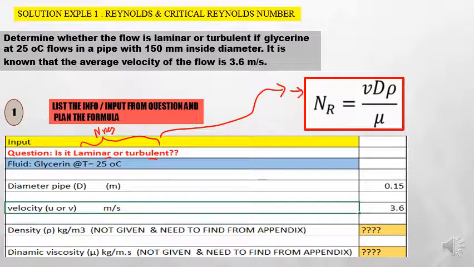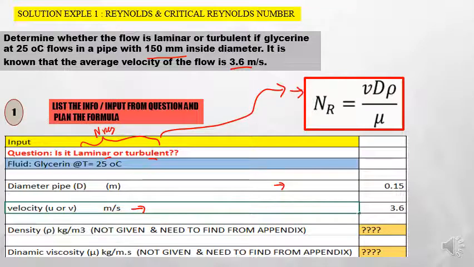So what is the information provided from the question? Let's check it out one by one. In this case, the diameter is provided, which is 150 millimeter, and I write it down in SI unit, which is 0.15, and the velocity is 3.6 meter per second.